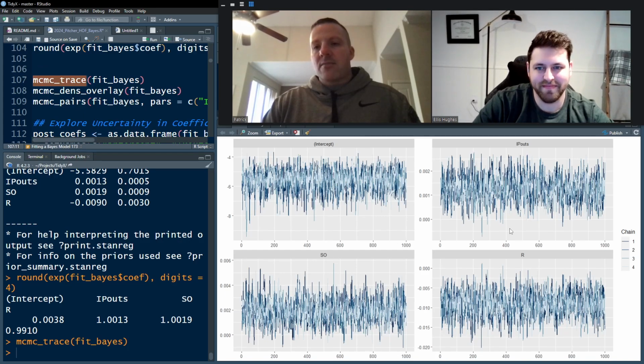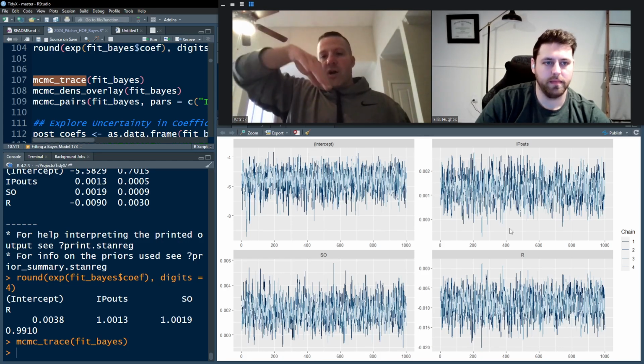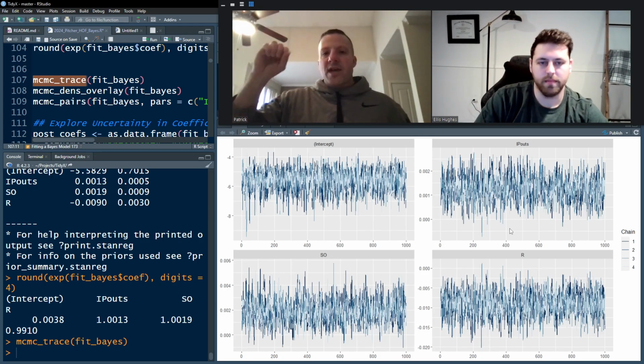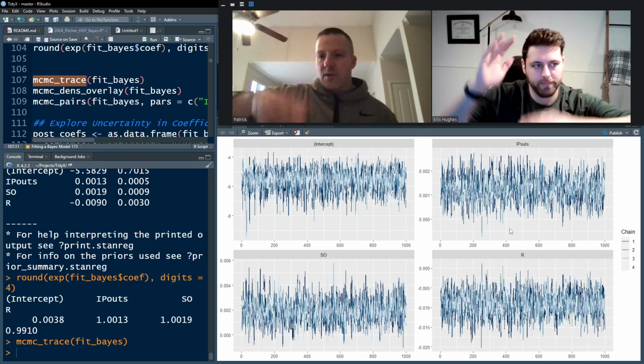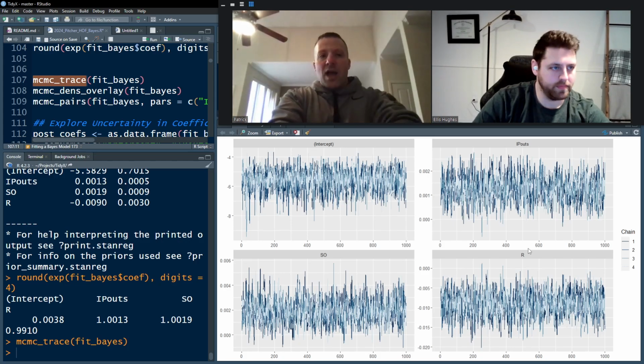Basically, what we're trying to make sure of is that there's no real weird bias with any of these iterations. So we don't see the Markov chain going off in one direction or the other, or getting really, really tiny. We see that there's some good mixing, some exploration of the weakly informative priors that have been applied.